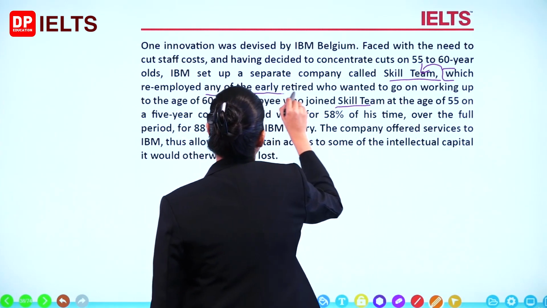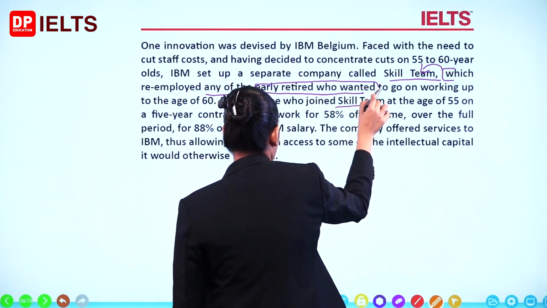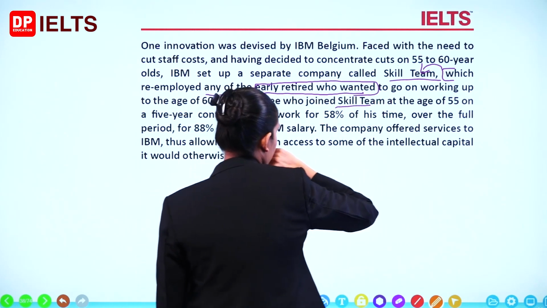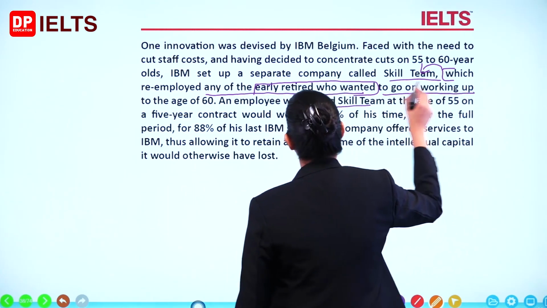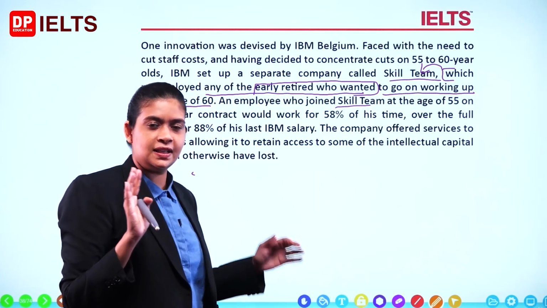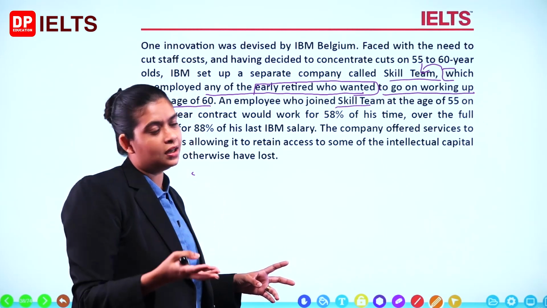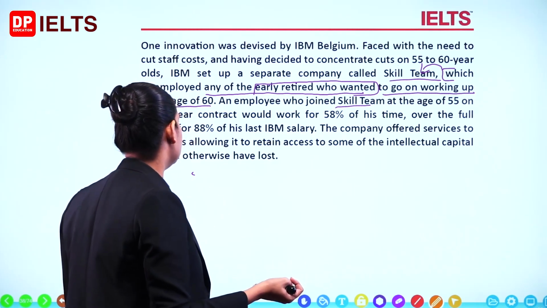Re-employed any of the early retired, not just everyone, specific people who retired early and who wanted to go on working up to the age of 60. So they are in a specific age group. They had retired and they could work till the age of 60. They were willing to do that.